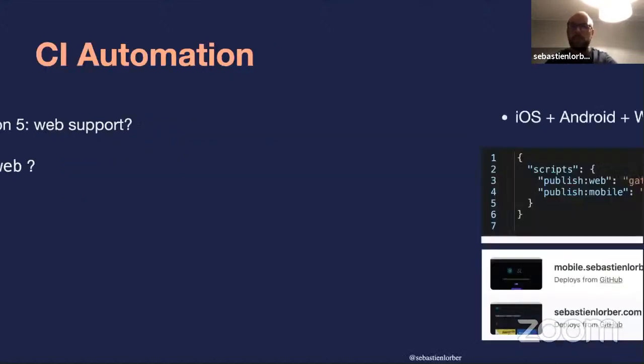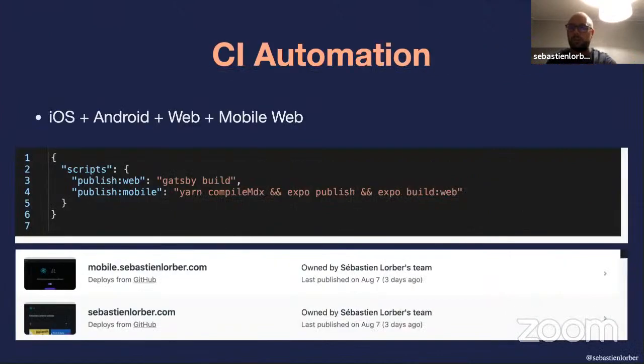And basically, it just required a few tweaks of my publish scripts. So now the publish mobile command publishes both to mobile, but it also publishes the mobile website from the Expo web support to another deployment. And I was able to get a mobile website for free like that.